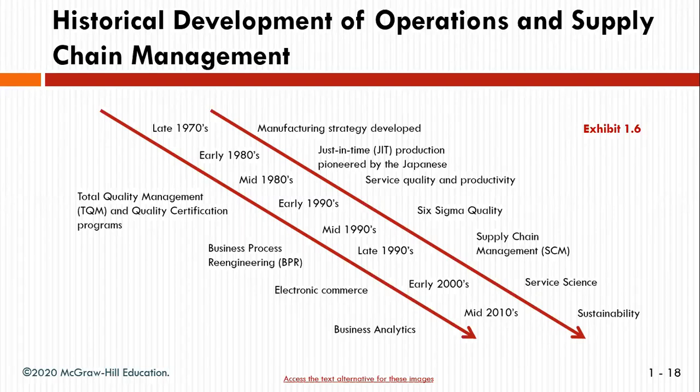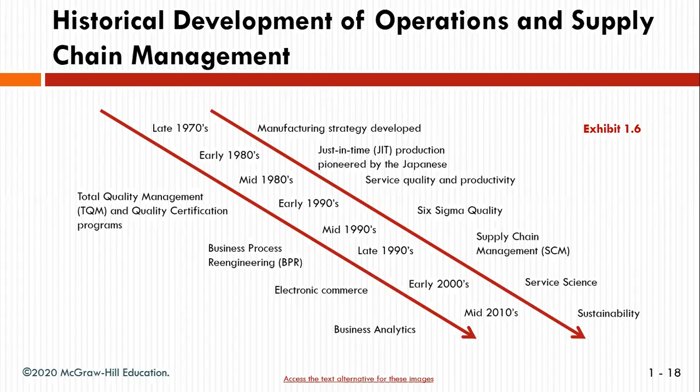But overall, the history of development for operations and supply chain management started probably in the early days, in 1800, but in this book we will touch on subjects after the 1980s.